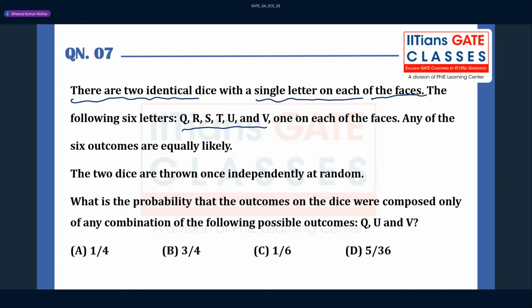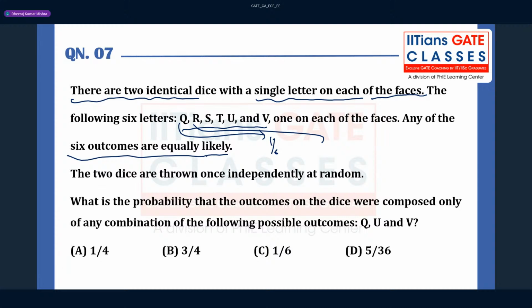So any of the 6 outcomes are equally likely. So probability of Q is nothing but 1 by 6, probability of R is nothing but 1 by 6, because they are equally likely. The probability is going to be the same. It is just like your standard dice. Instead of putting 1 2 3 4 5 6, they have written QRSTUV.